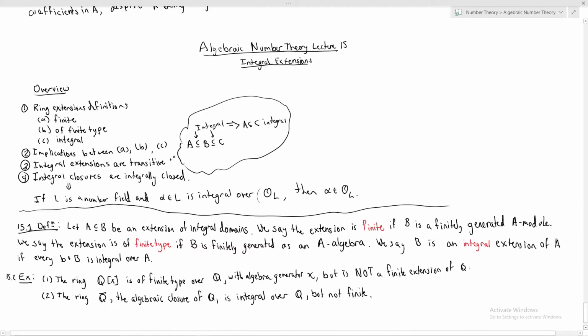How do I tell this is infinite? Probably the easiest way is that it contains subspaces of arbitrarily large dimension. So note, for example, Q adjoin, what do I want to say here?